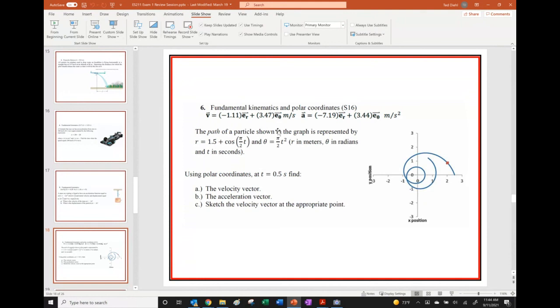But the kicker in this problem was part C: can you sketch the velocity vector? I couldn't. I think you could. You don't even need to do any calculus or calculations.